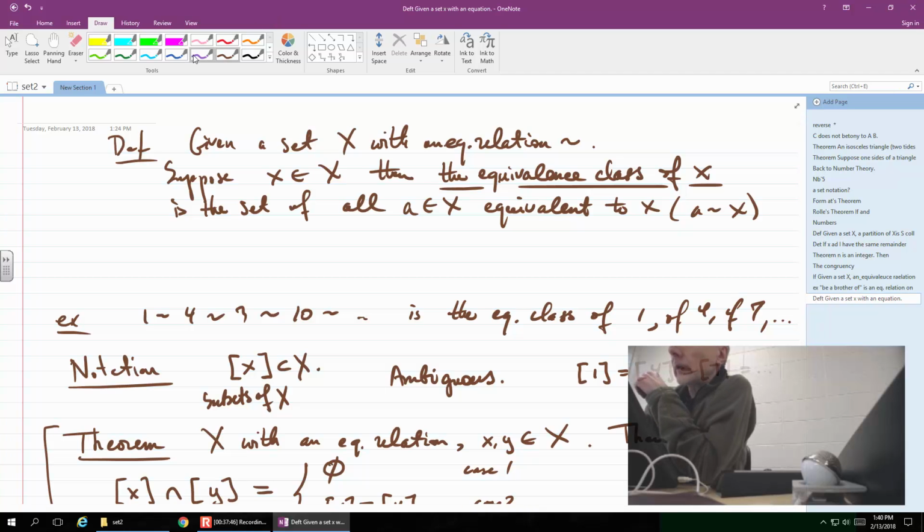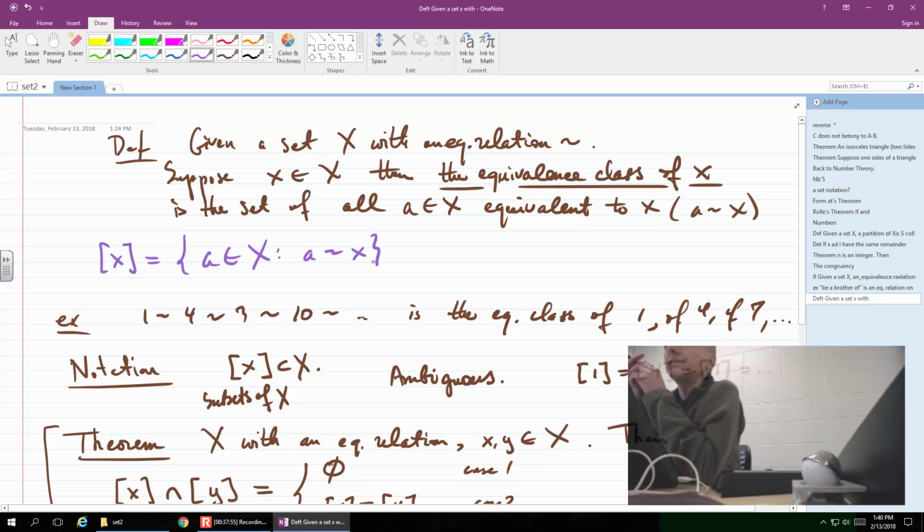So let me write it out. What is the equivalence class of X? It is A in X, A equivalent to X. That's all. This is the definition, right there. The equivalence class is simply the set of all elements equivalent to X, period.